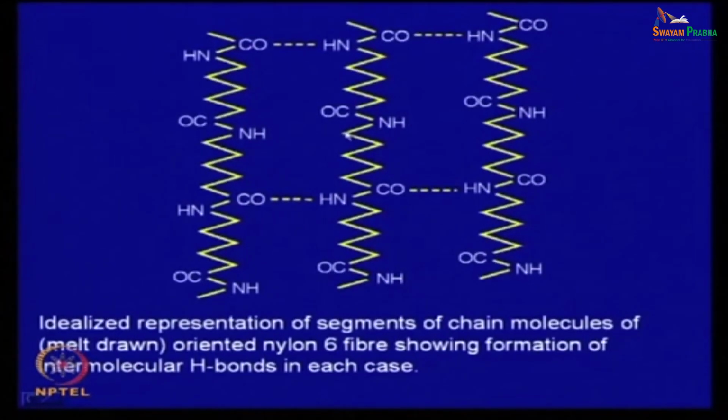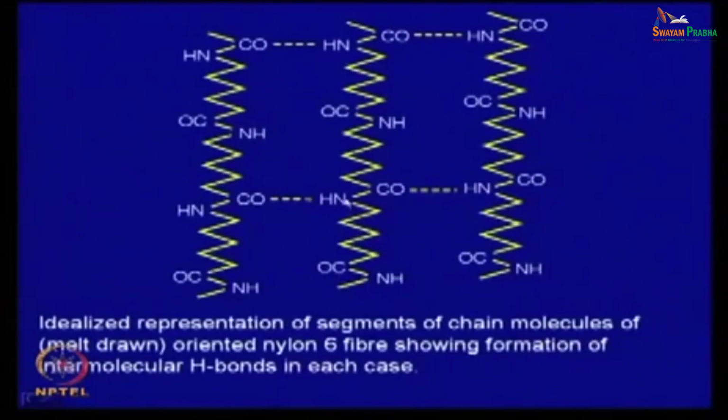Now, here you see, if the units present between two polar units are an aliphatic chain, what happens? Aliphatic chain is flexible. So, you can get a flexible structure. Now, if you want to have a rigid structure, then you can place one phenyl ring here.